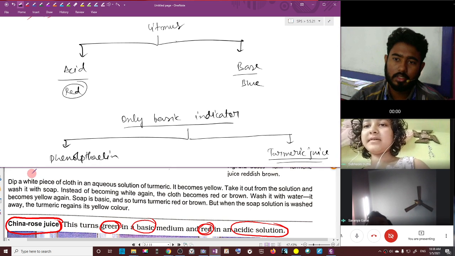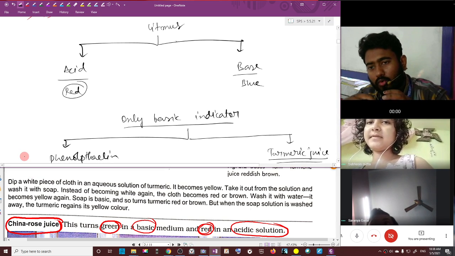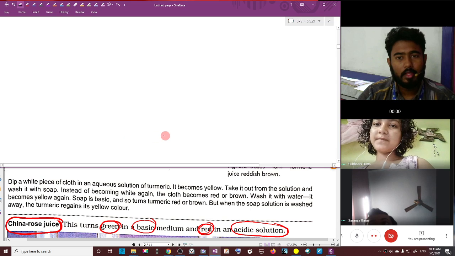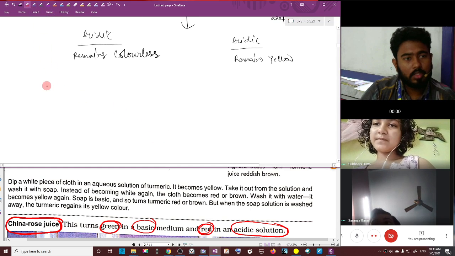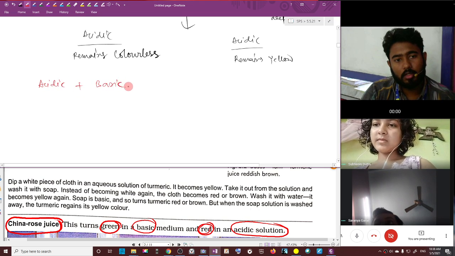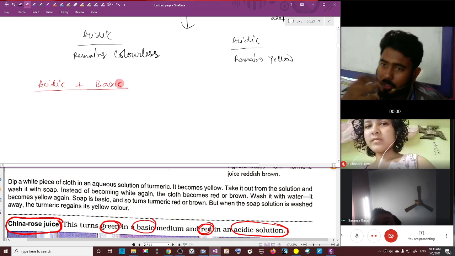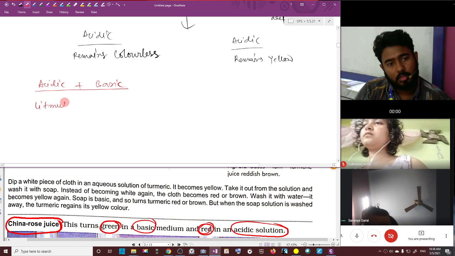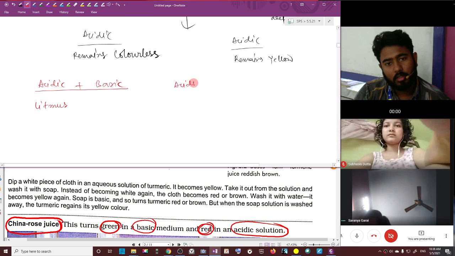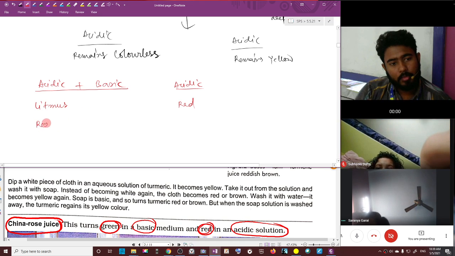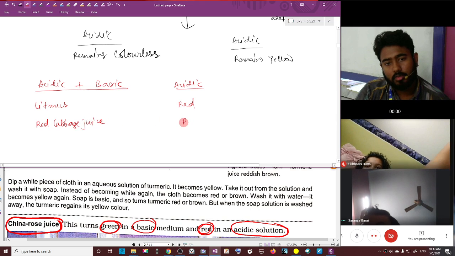For all the indicators, you can do a good thing. Suppose you write here acidic plus basic indicator, that is, indicators that represent both acidic and basic medium. For them, litmus in acidic is red. Red cabbage juice is also red.